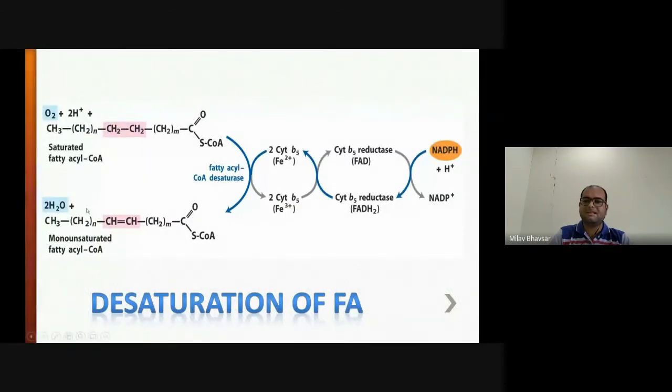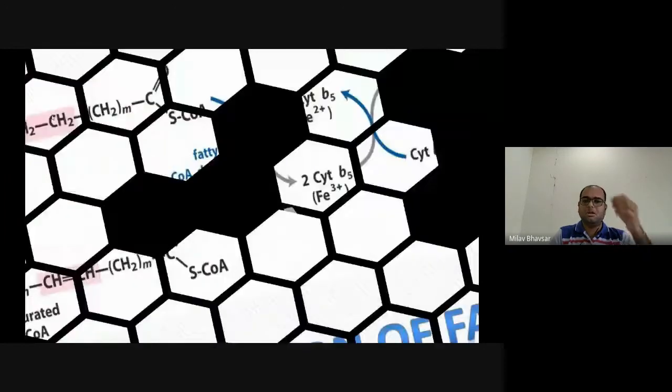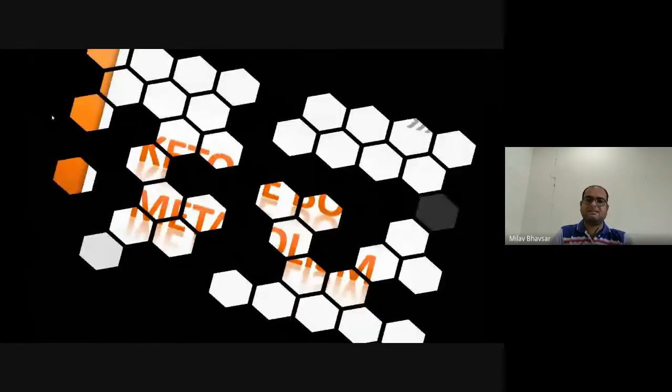Or if we want to desaturate, this is the process where desaturase is utilized, from single bond to double bond. Cytochrome B5 is utilized, and NADPH is utilized for the desaturation process. And a water molecule is liberated against utilization of oxygen. So this completes our fatty acid synthesis.